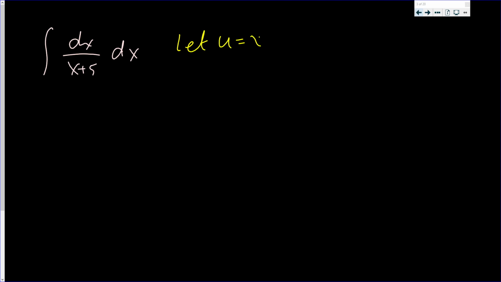The next problem we're going to look at is the integral of dx over x plus 5. Well, if we let u equal the denominator, then du will just be dx.